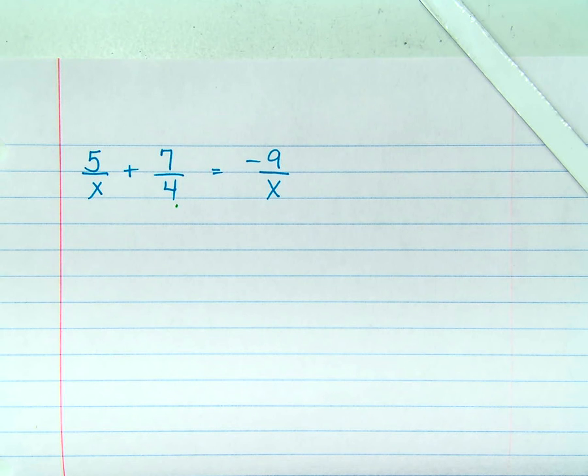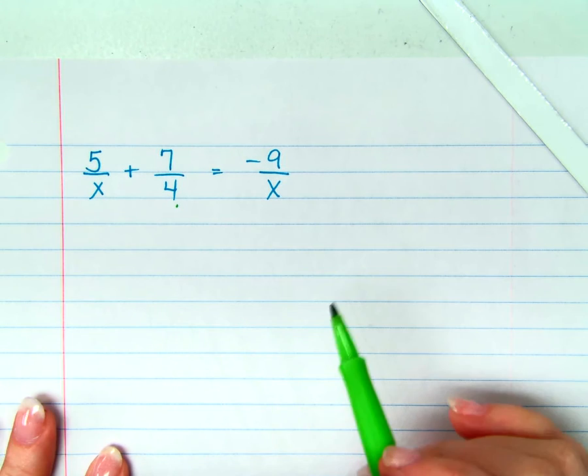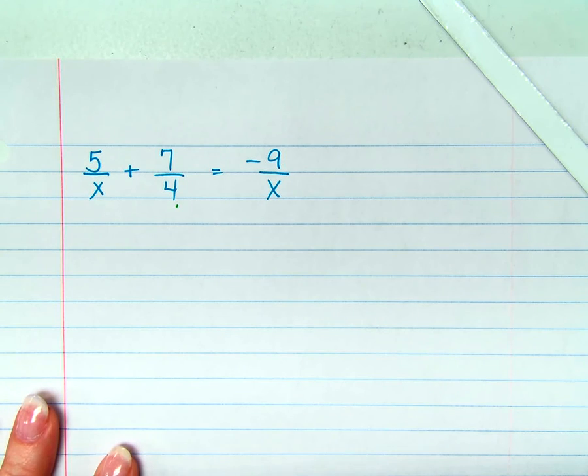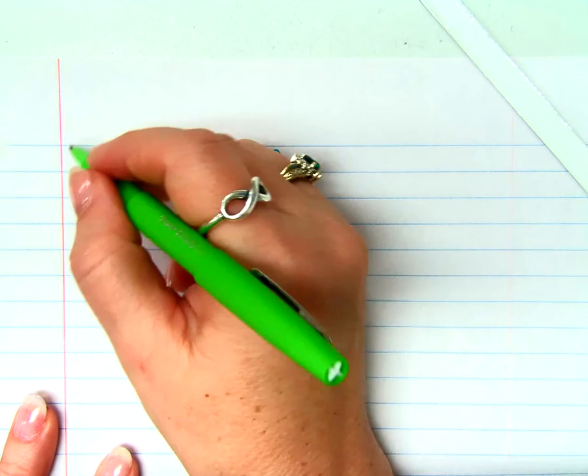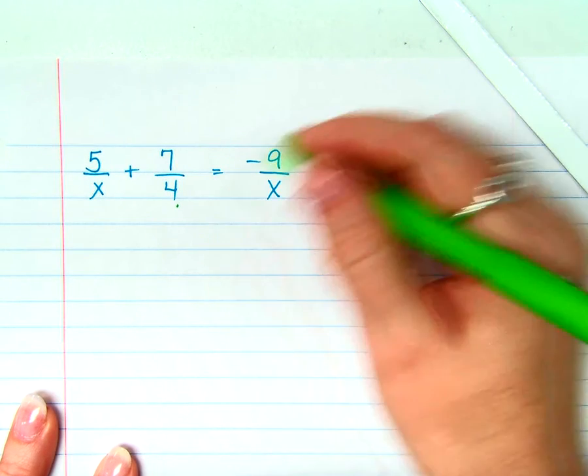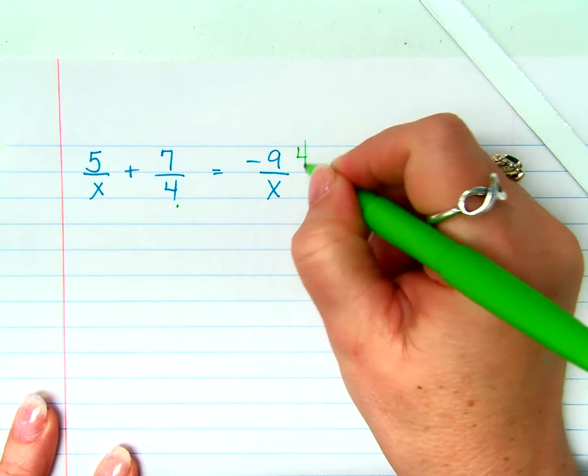What I told you is that we're going to use our denominator to eliminate the denominators. We're going to become denominator assassins. Okay? So instead of getting a common denominator, we're going to get rid of it now. We're going to multiply both sides of the equation by 4x.